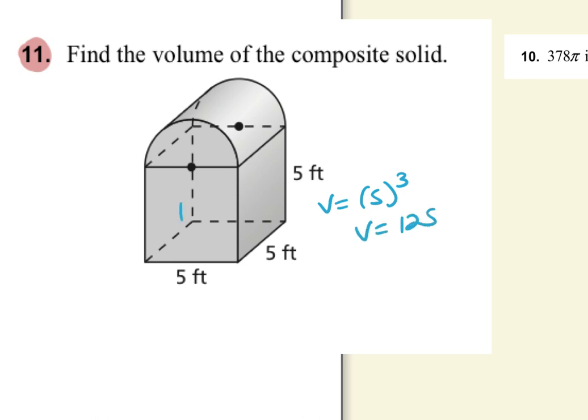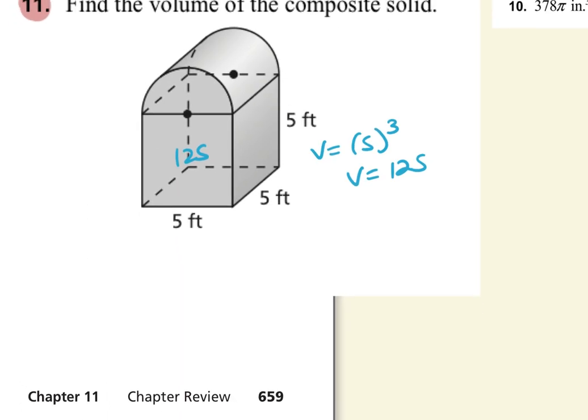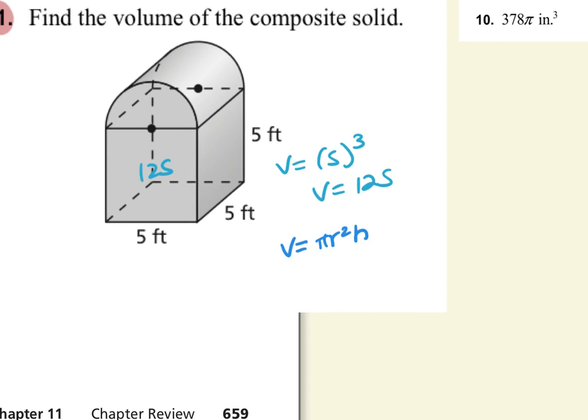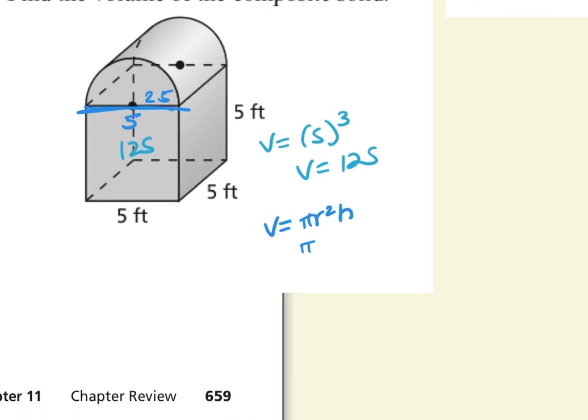That's the bottom. And then the top is half a cylinder. What's the formula for volume of a cylinder? Good, pi r squared h, right? And then it's going to be multiplied by a half or divided by 2. So if this whole side is 5, the radius is 2.5. So pi 2.5 squared times the height, which is 5.